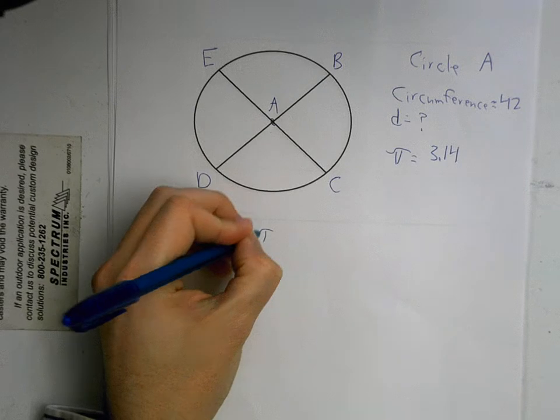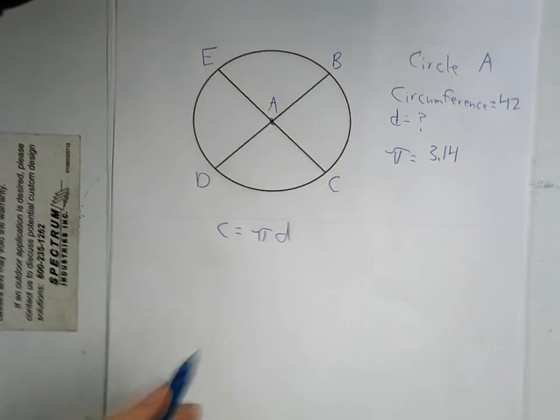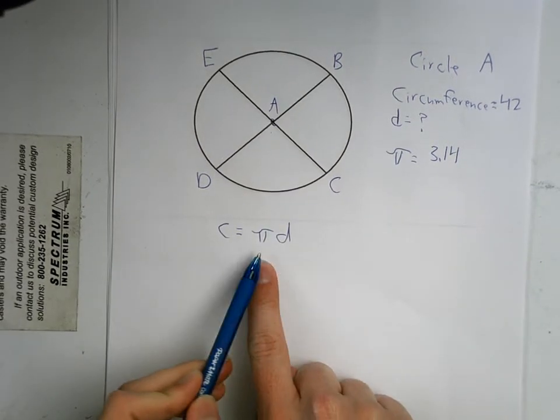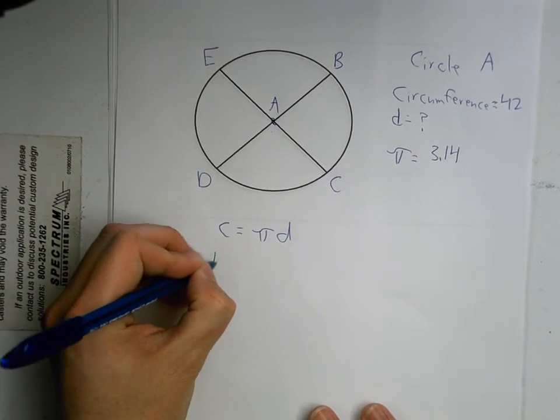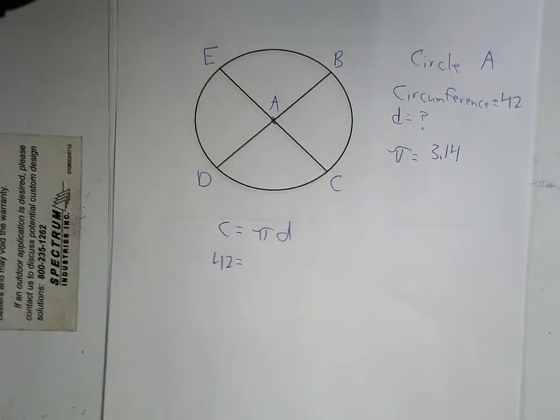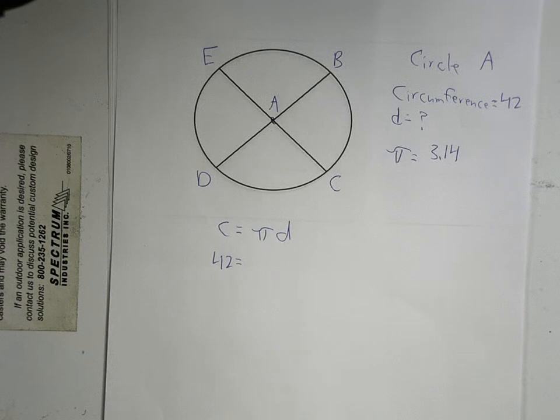Pi times D. Now, of these three things, circumference, pi, and diameter, which two things do we know? We know the circumference. The circumference is going to be 42. Do we know what pi is? 3.14.